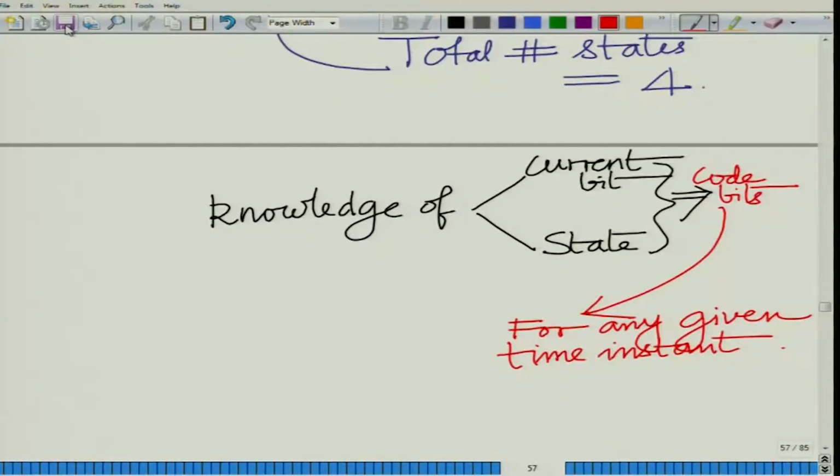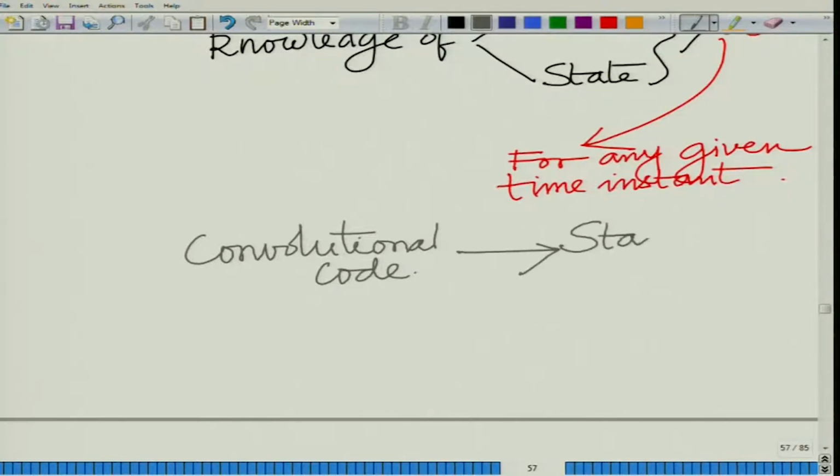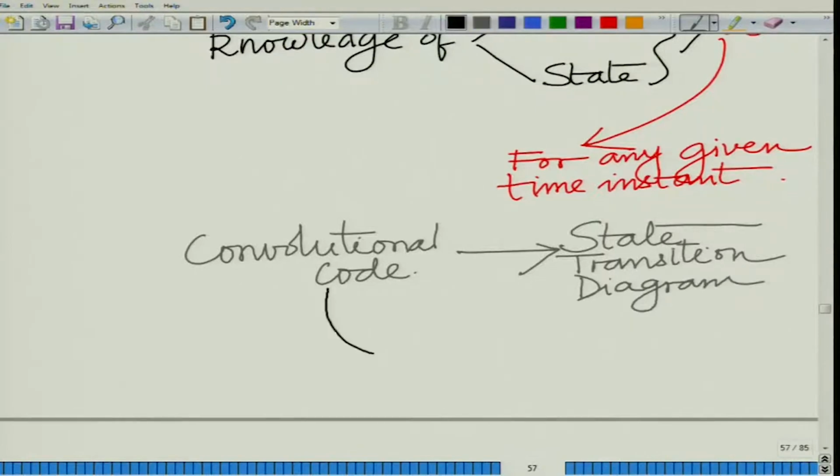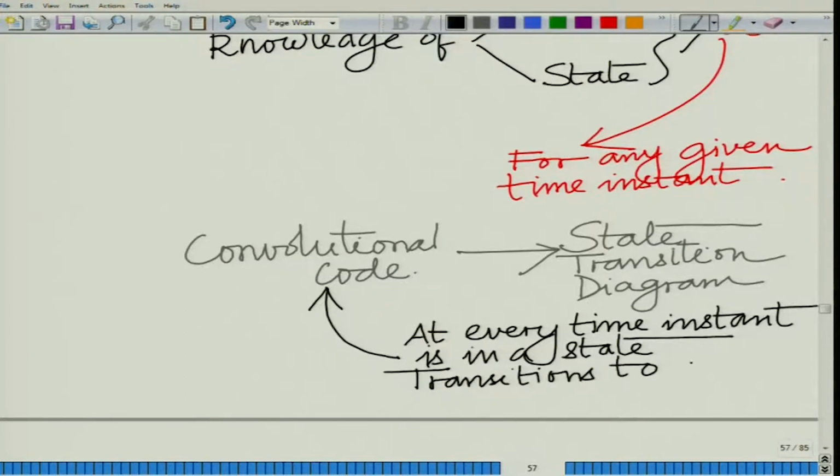So the point here is, a convolutional code is captured by the state transition diagram, because the encoder at every time instant is in a state, and it transitions to a different or possibly the same state also.